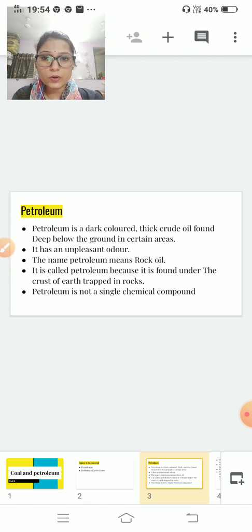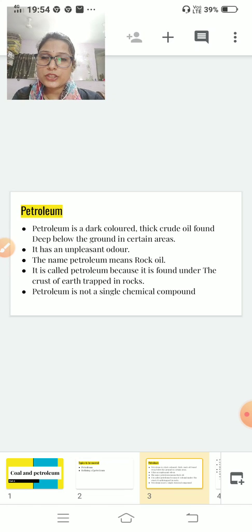I am reading once more. First of all, petroleum is a dark colored, thick crude oil found deep below the ground in certain areas. Second, it has an unpleasant odor. Third, the name petroleum means rock oil.